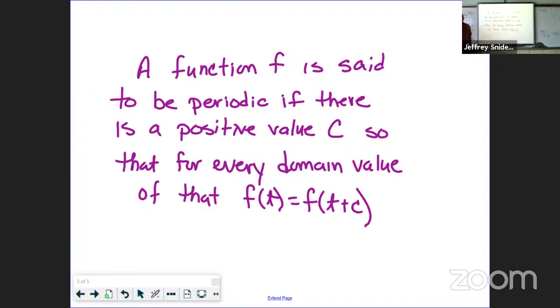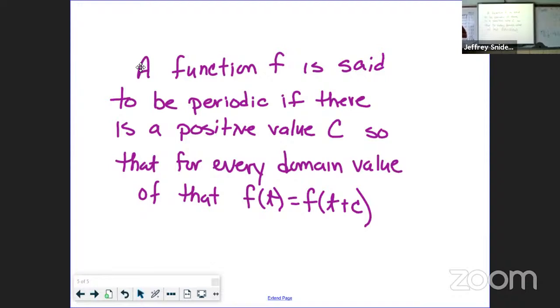In other words, if I have an input and I can add to it and get back the exact same value again, that is known as a periodic function.